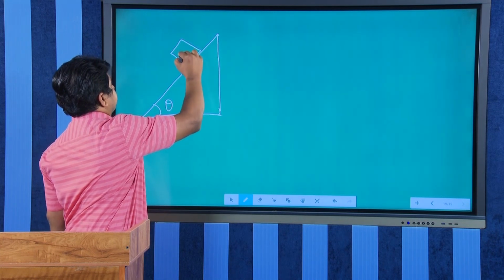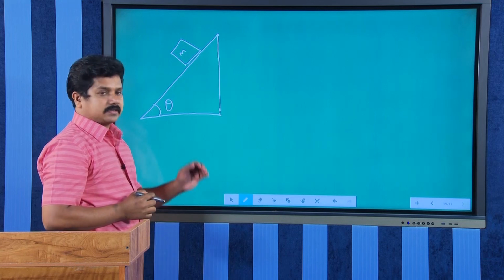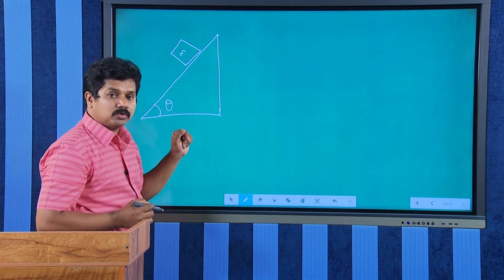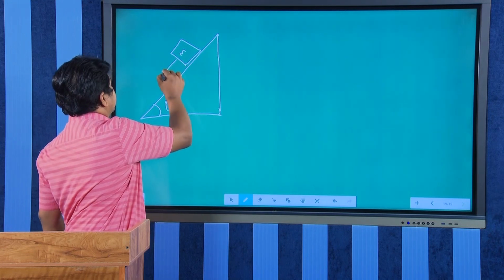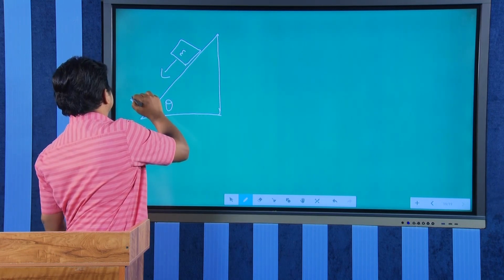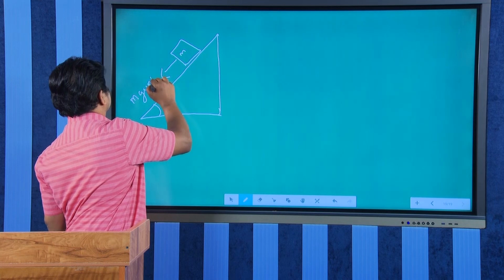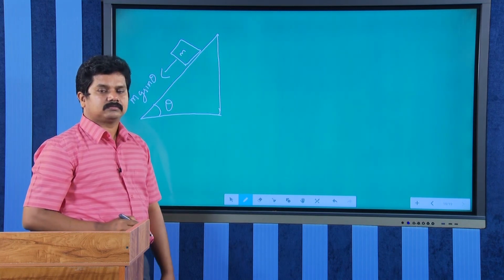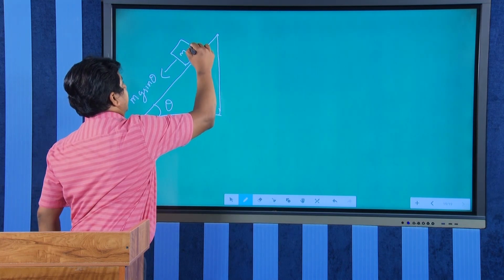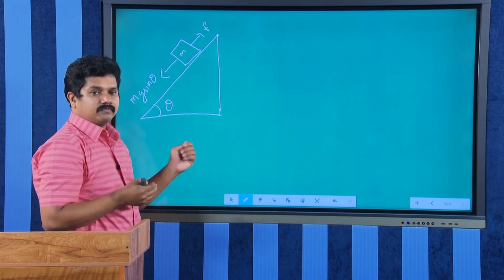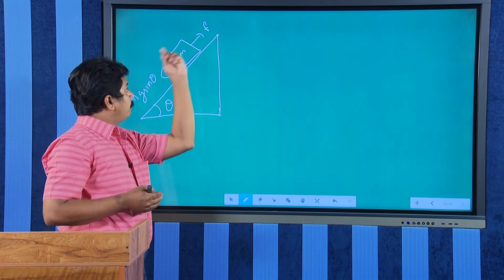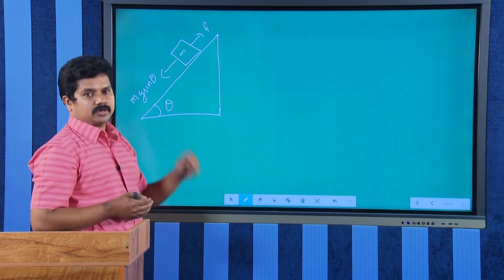The surface is not smooth, so frictional force will be acting now. The downward force we know is mg sin theta. The frictional force will be acting upward if the block is trying to slide down. If we pull the block up, frictional force will be downward.